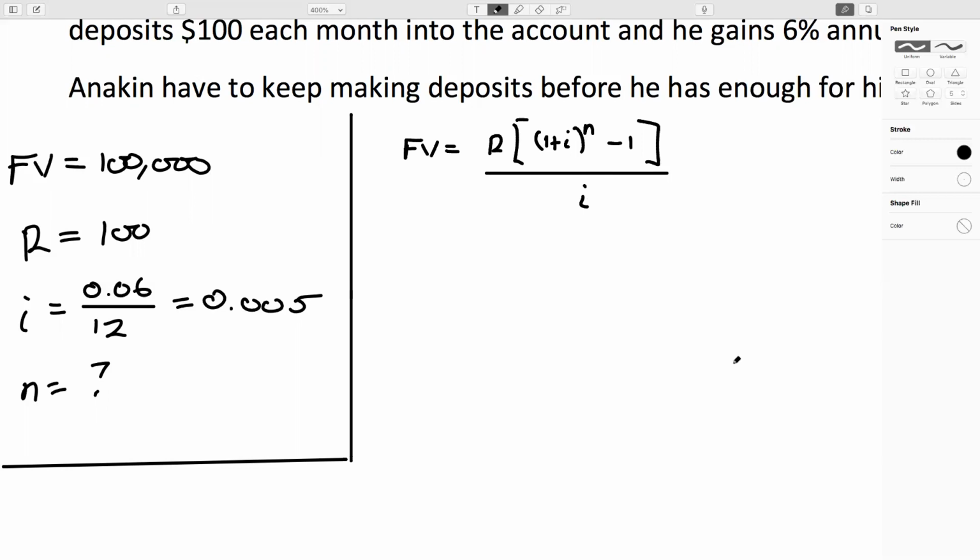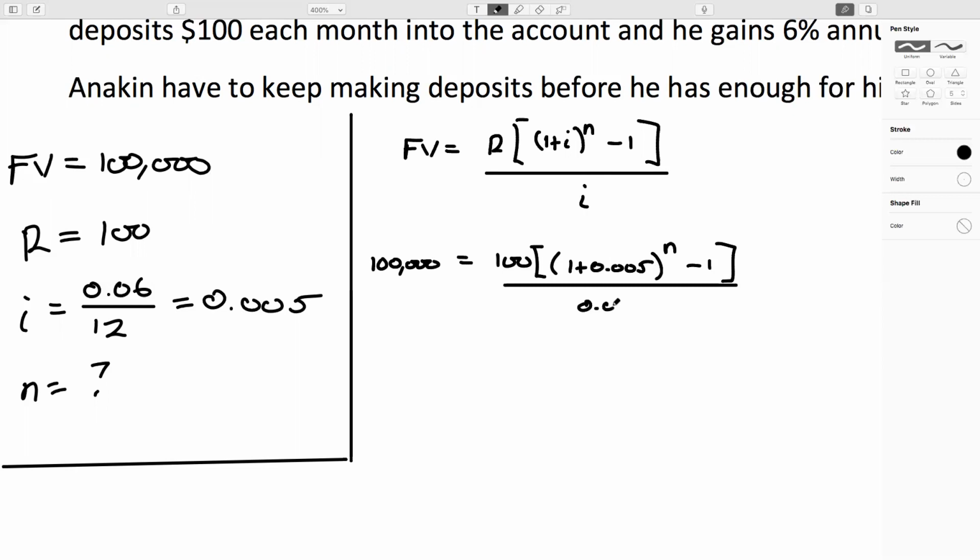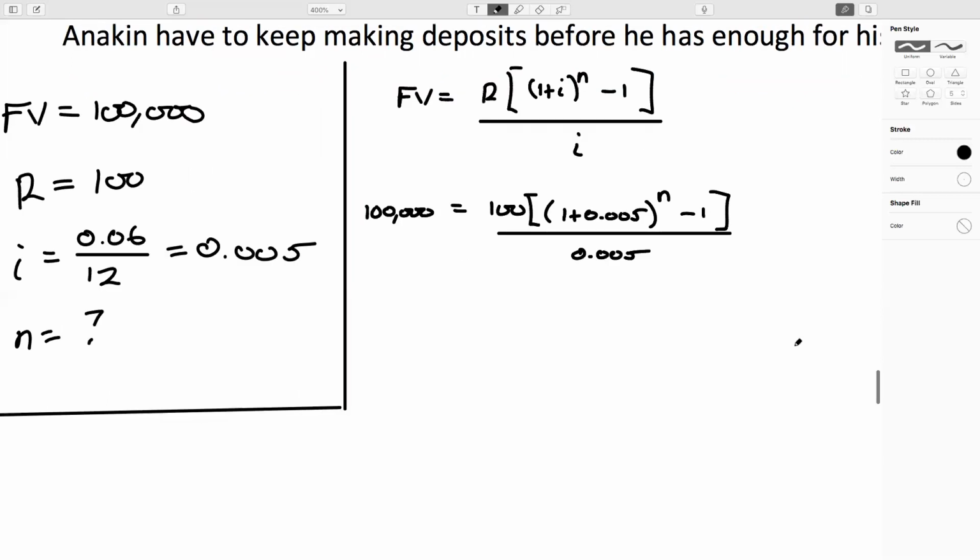Now let's plug in what we know. Future value is 100,000. 100,000 equals R, which is 100, times 1 plus 0.005 to the power n minus 1, all divided by 0.005. Okay, so now we need to systematically remove parts of this equation until we can get down to the brackets with n.